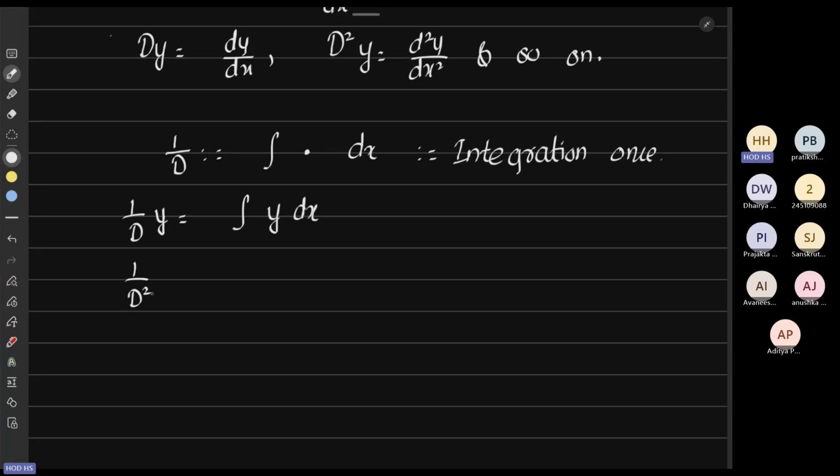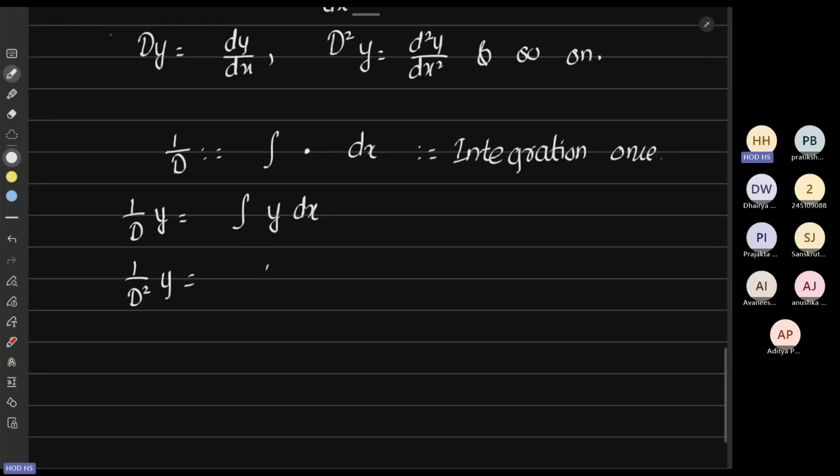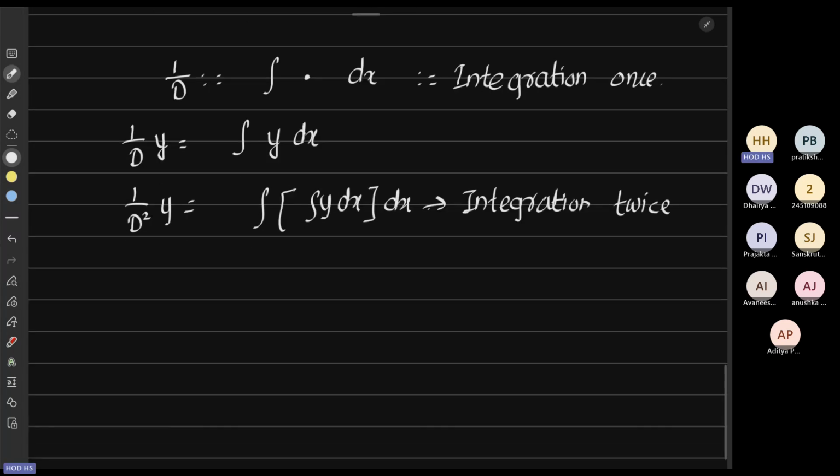By 1 upon D square y, I mean double integration, that is, the integration of the integral of y dx, whole dx. So I'm taking the integral twice, and so on.